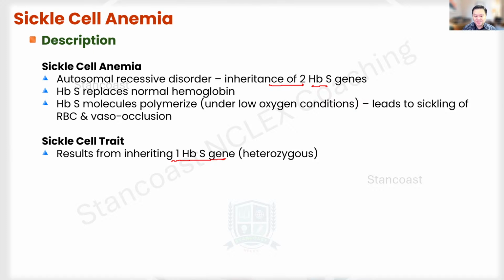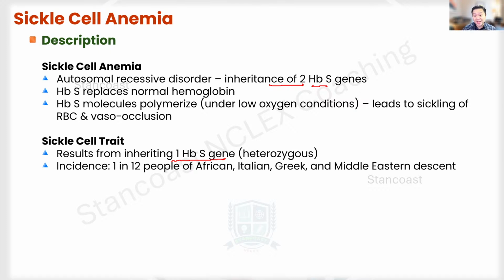Now, if you're going to ask how common this is, the sickle cell trait is actually pretty common, occurring in about 1 in 12 people of African American, Italian, Greek, or Middle Eastern descent. And yeah, I've taken care of people with sickle cell disease way back when I was still working at the bedside.